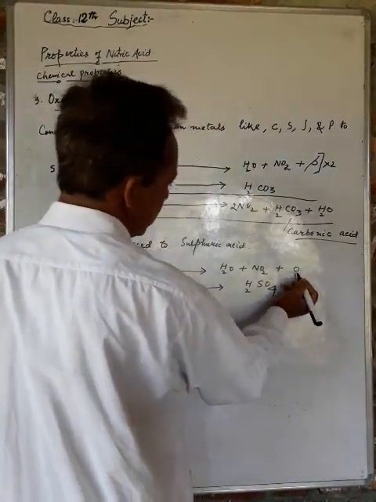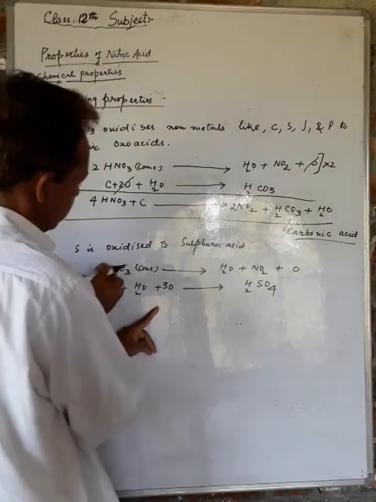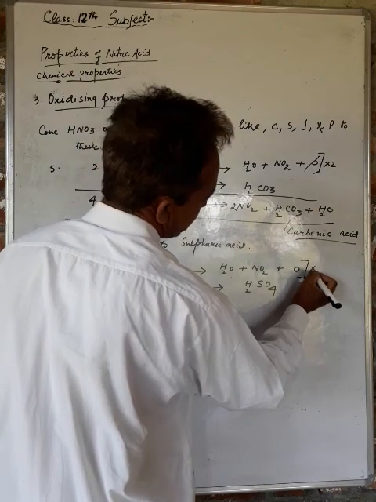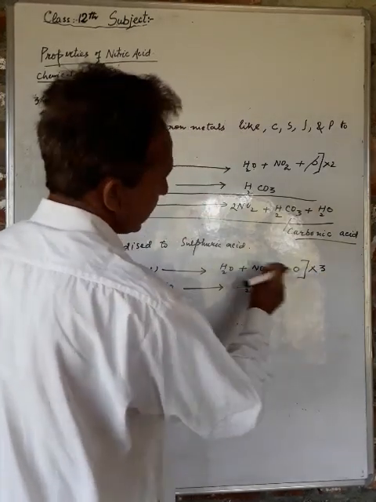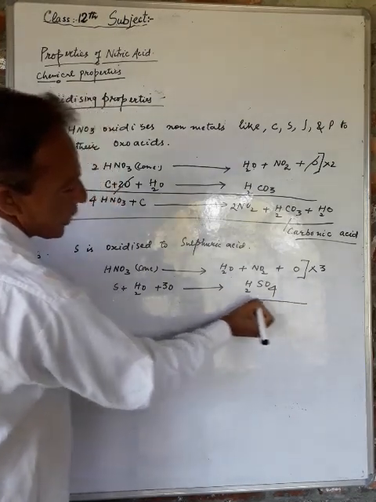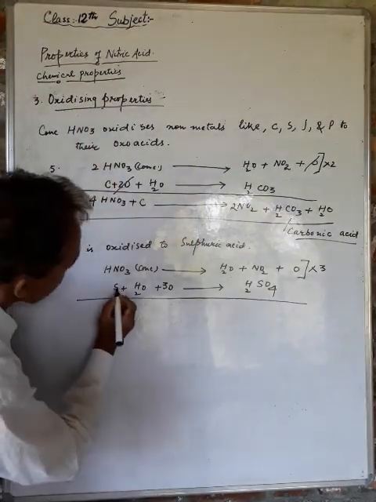Here, when nitric acid decomposes, it gives 1 nascent oxygen. In order to cancel these on the left hand side and right hand side, we have to multiply the first reaction by 3. So the overall reaction will be this.